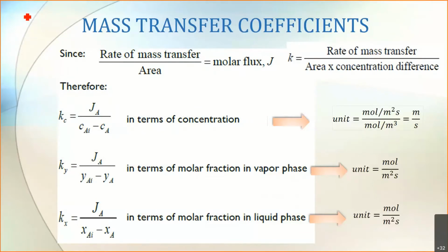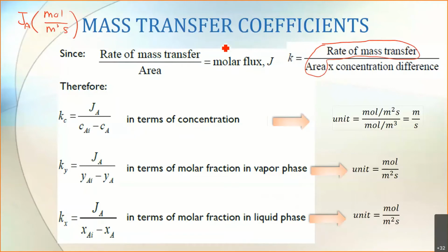If I were to write JA, the unit is usually mole per meter squared second, right? So the rate, mole per second, is a rate over area. So you can see here, this whole thing is actually our J. Rate of mass transfer over area is J.